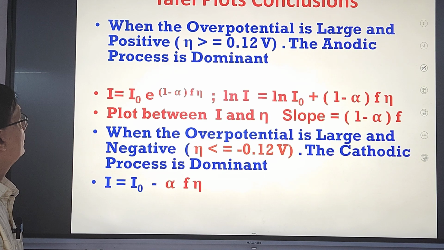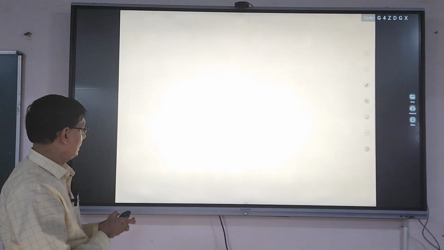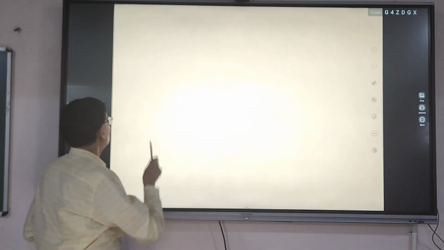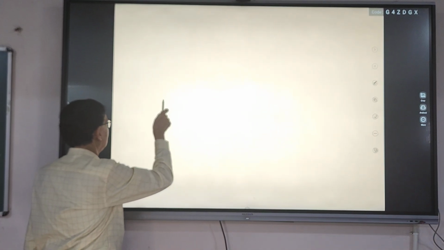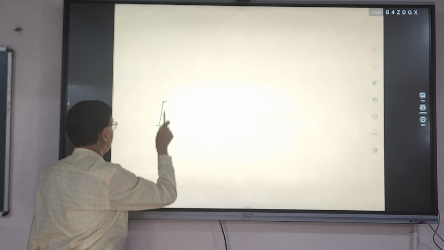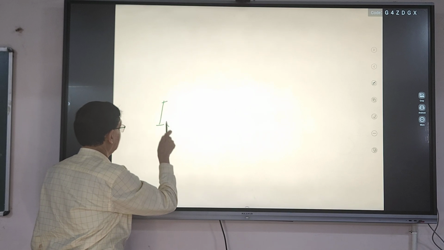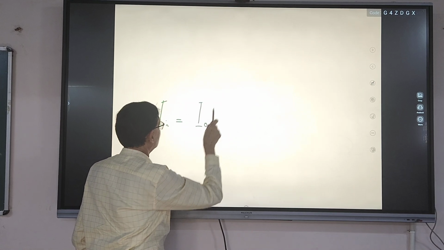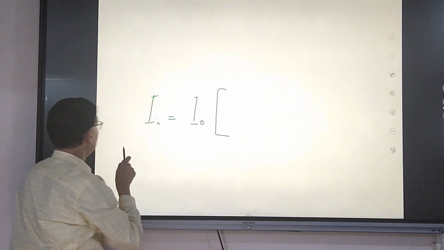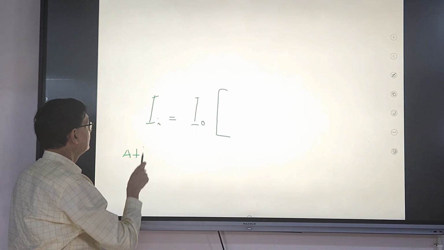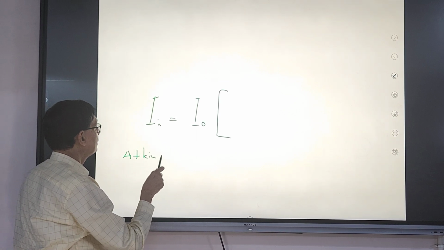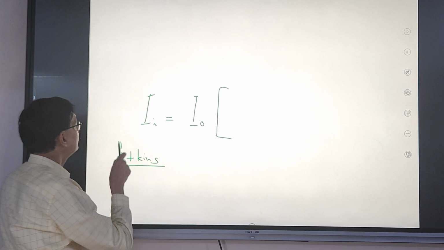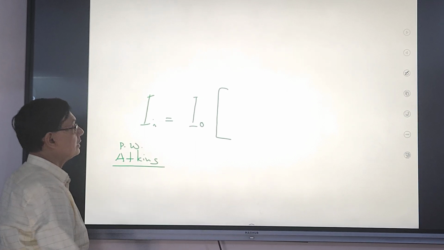Now I am coming to the last conclusion part. But before that, so that you will not get confused, again I am writing the same thing, I0. Again the source is Atkins, so that students will not get confused.